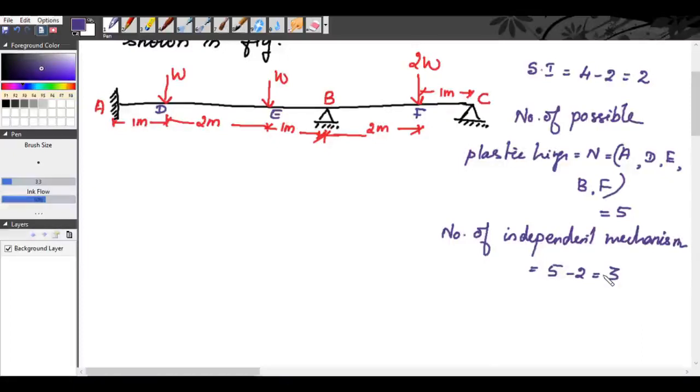How can we have these 3 independent mechanisms? In the span AB, you will have 2 independent mechanisms. When you take AB, you will have hinge formation at A, at B and at D. A and B are fixed supports, and at D you have a concentrated load.